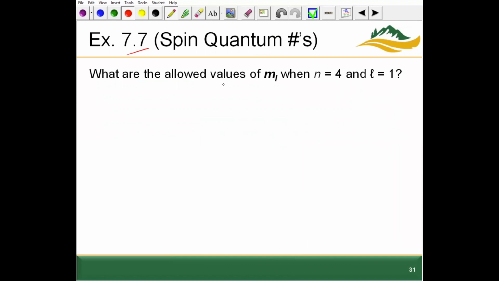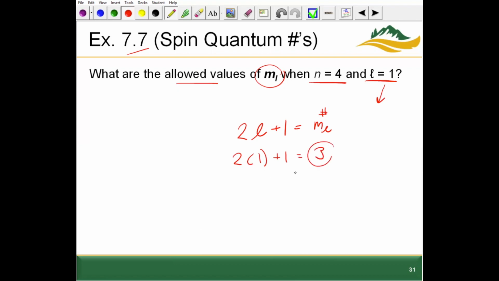What are the possible allowed values of m sub L when n equals 4 and L equals 1? So we don't actually need to know that n equals 4, right? We just need to know that L is equal to 1. 2L plus 1, how many possible m sub L values could there be? 2 times 1 plus 1. That's 3 possible m sub L values. What are those possible m sub L values?